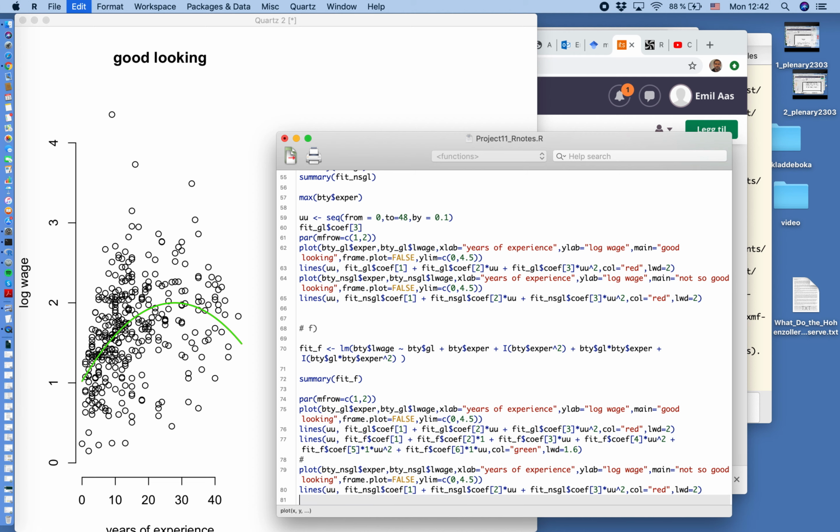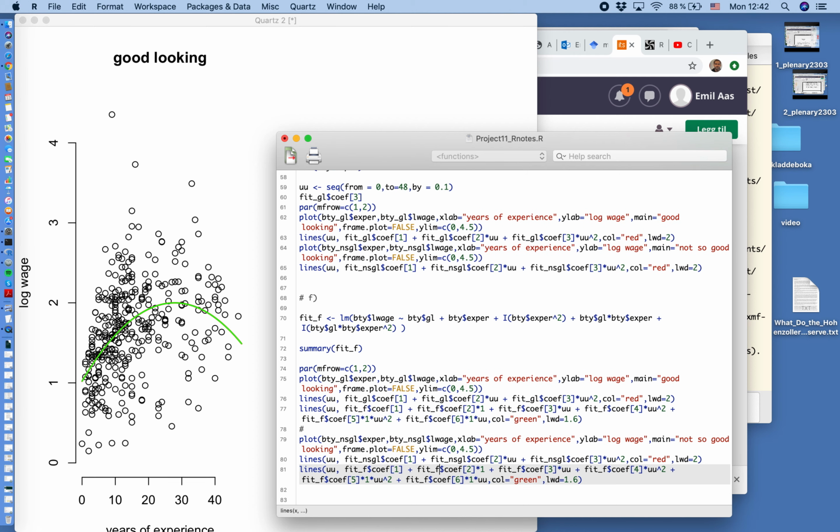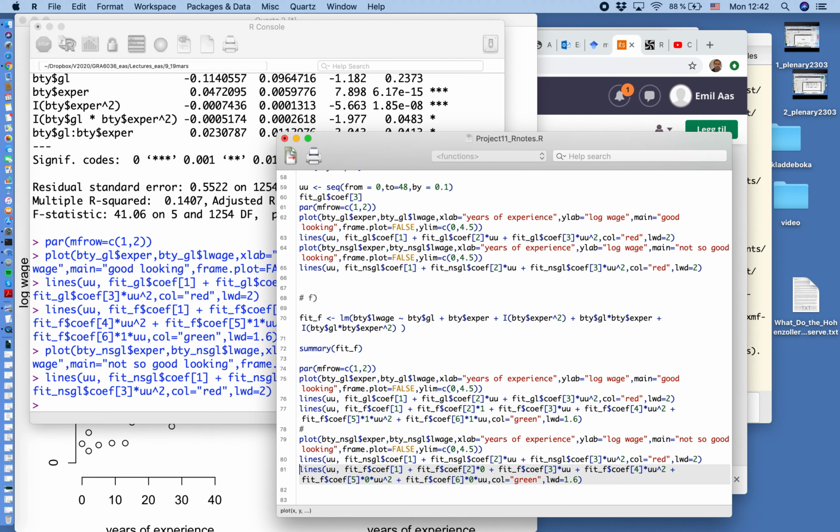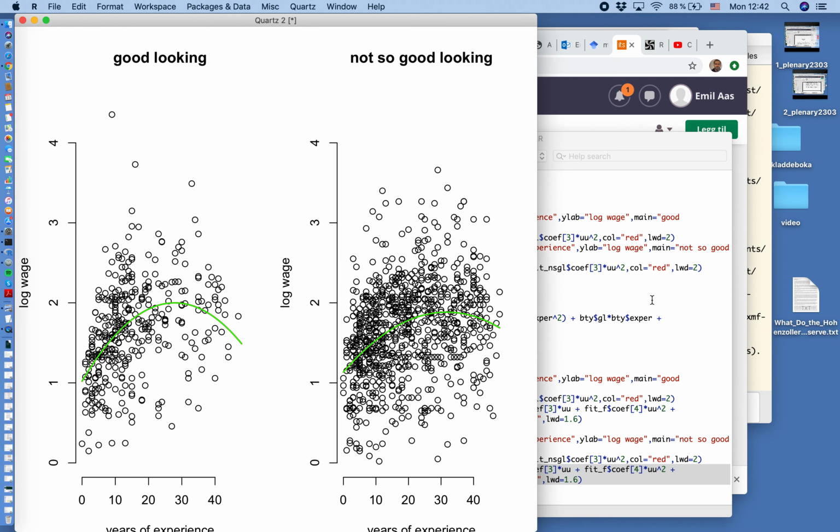Now we can do the same thing here, but then we have to pay attention, because now GL is 0, these are the not so good looking people, so this is 0, then this is 0, and this one is 0. So we add this plot, we get this line, and now we add the green line, and it overlaps.